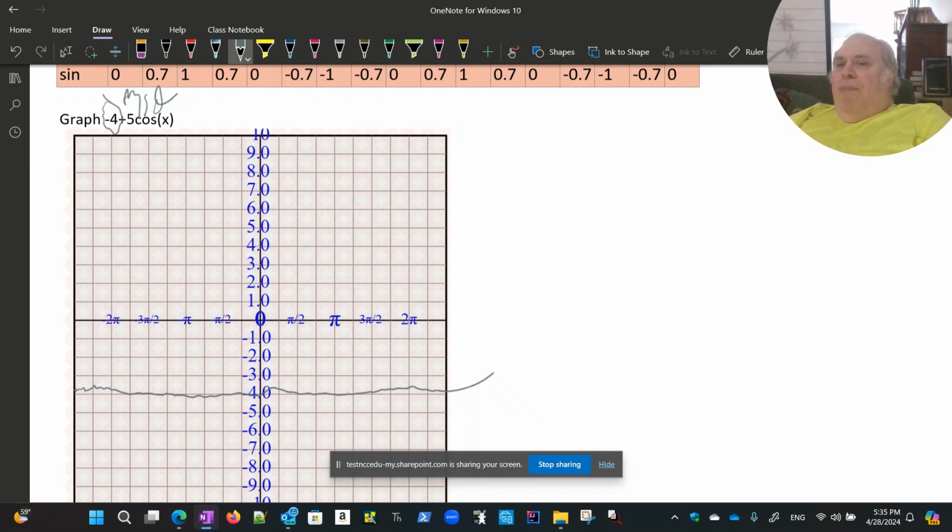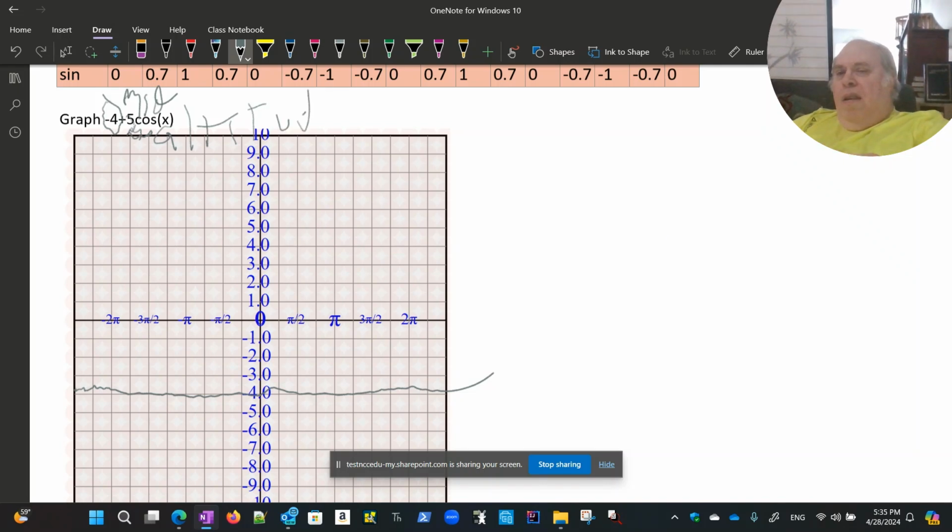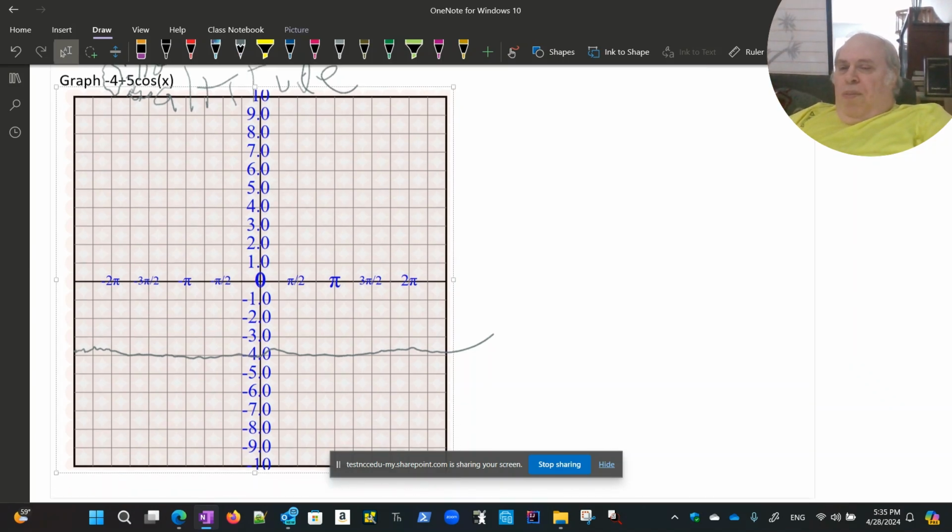And now I'm adding 5. This 5 is the altitude. So we're going to go up 5, and I count from -4: 1, 2, 3, 4, 5 to +1.